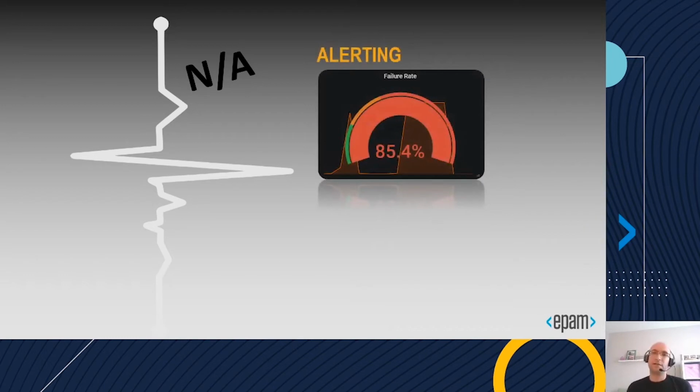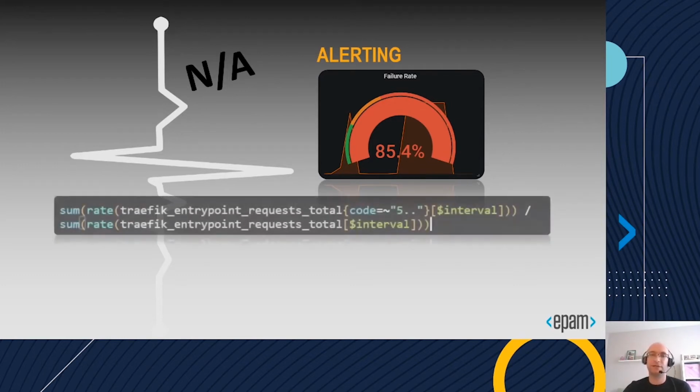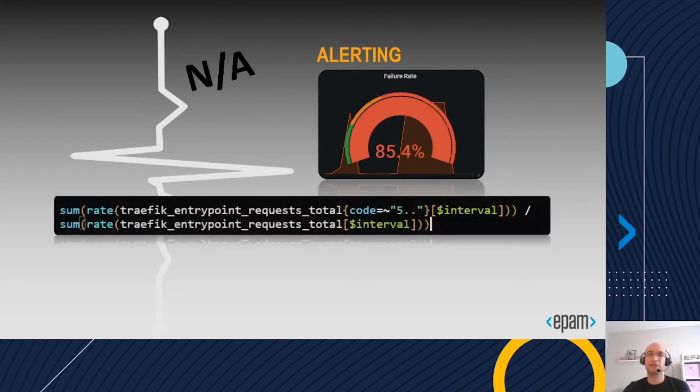Okay, for alerting, if you are working with a load balancer that's providing metrics for the different kinds of response codes, like the load balancers or reverse proxies I worked with, and the proxies I used in the sandbox, then you can provide a failure rate based on the HTTP responses.